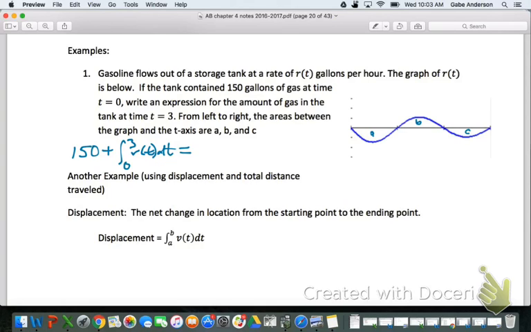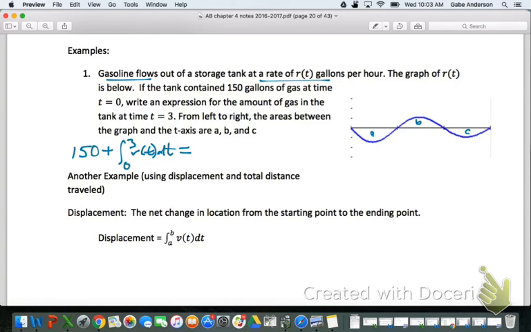It says gasoline flows out of a storage tank at a rate of r of t gallons per hour. So r of t is a rate. So all rates are not velocities. But I feel like what you really should have asked me is, is this thing a rate? And the answer is yes, it is definitely a rate.